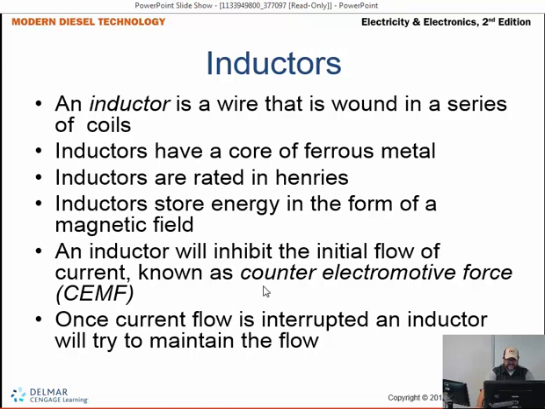This is important because CEMF creates some issues, and we just have to understand that it's there and what it's going to do and affect. We get into this with starter motors and things like that. So once current flow is interrupted, an inductor will try to maintain the flow.